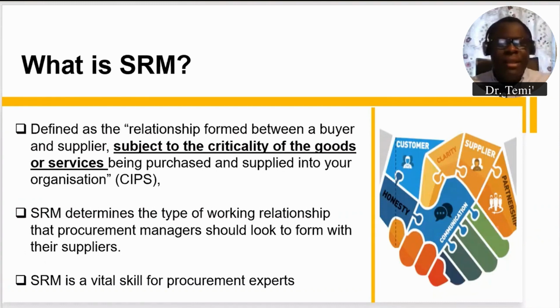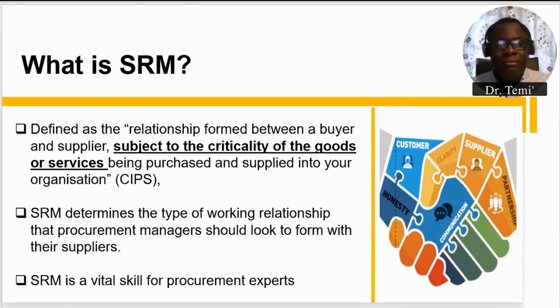There are some suppliers that you probably need to subject to competition because you have the buying power and there is a lot of competition in the market. There are some suppliers that you might need to approach with more volumes. In other words, you need to consolidate your demand so that you can have economies of scale and also have the power to negotiate better deals with those suppliers. So in addition to establishing which suppliers you want to develop a relationship with, it is important to know the type of relationship you are developing with each supplier.